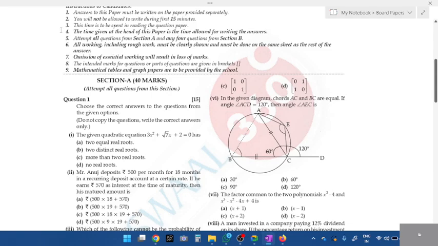I told you to maintain a book for formulas. As I solve the chapters, I'll be explaining the concepts, students.